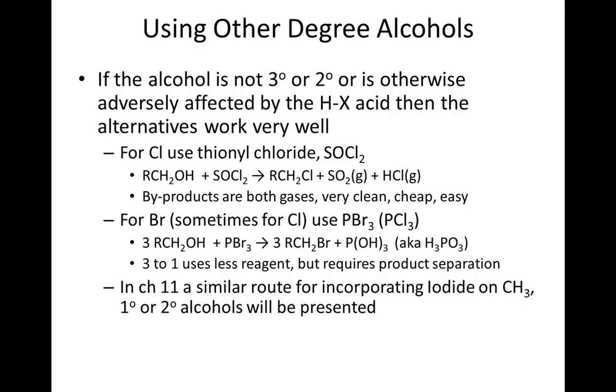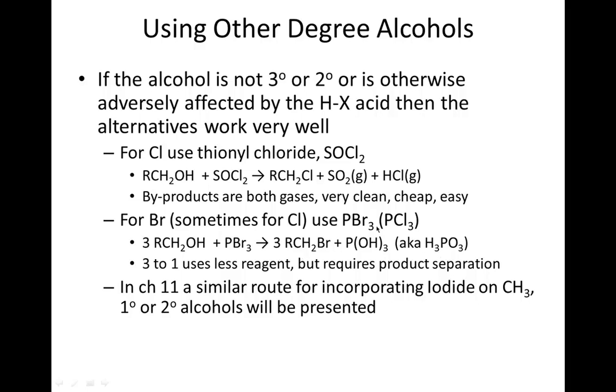And so you have to deal with getting rid of that. It's a little bit more work than getting rid of the SO2 and HCl gases, which just kind of went away on their own. You have to actually separate this, but you also have the 3-to-1 ratio, which is kind of efficient. So it takes less reagent to accomplish this transformation. There's just more purification.